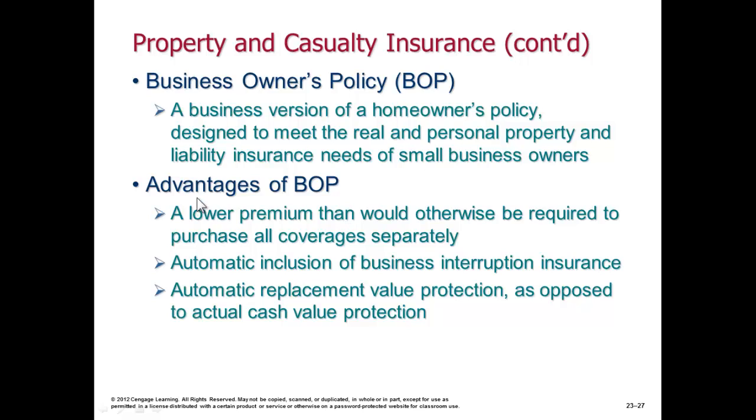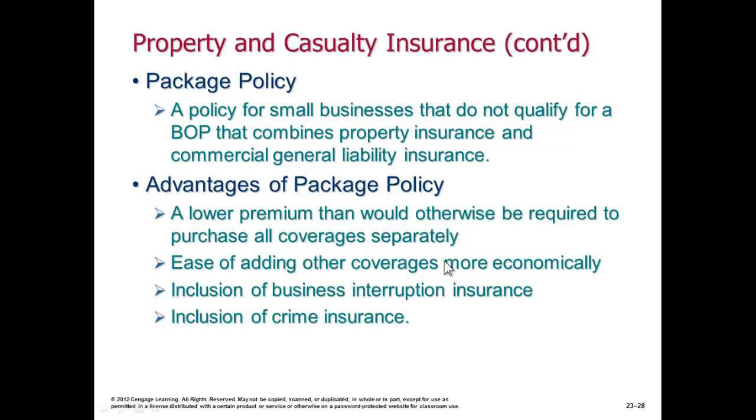The other nice thing about this type of broad coverage policy is it includes automatic business interruption insurance and replacement value protection as opposed to actual cash value protection. That's a big difference right there, replacement value versus actual cash value, because the ACV includes depreciation, so your actual cash value might be zero on your books if you've lost some important assets.